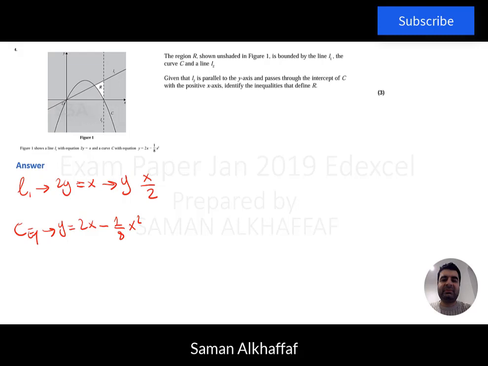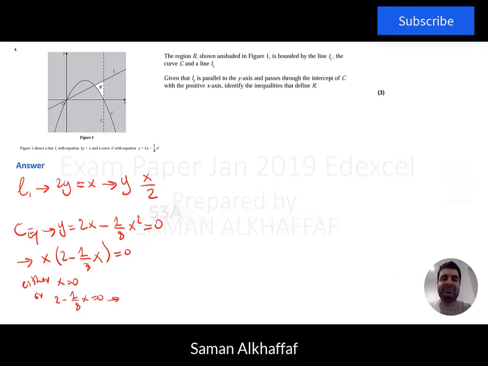So we will equate it to 0 first. That will give us a common factor of x, and then we would have 2 minus 1 over 8x equals 0. So we'd have either x equals 0 or 2 minus 1 over 8x equals 0.